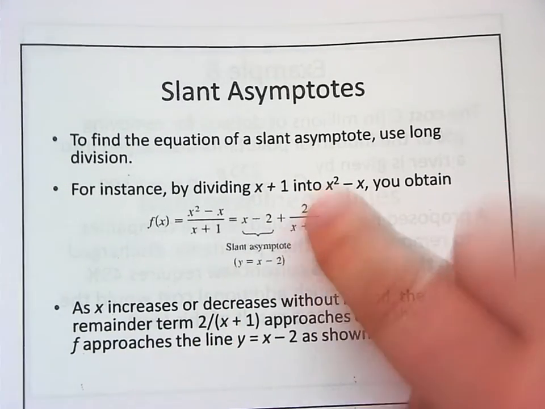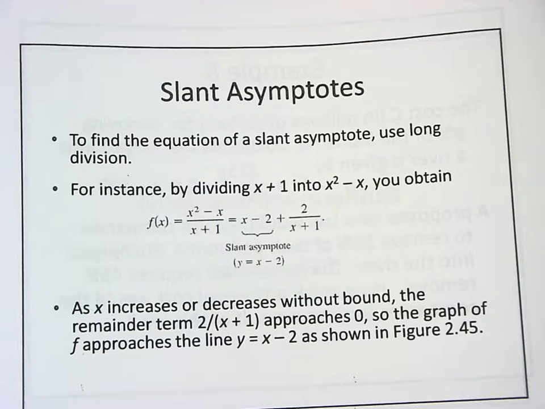Your quotient ends up being that slant asymptote. Because if you make x gigantic, it's going to approach the line for x minus 2. Does that make sense? So it makes that not too hard to figure out.